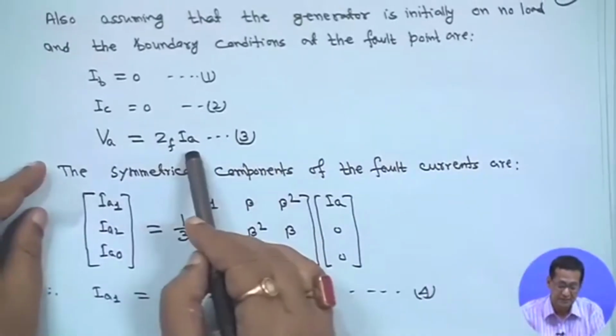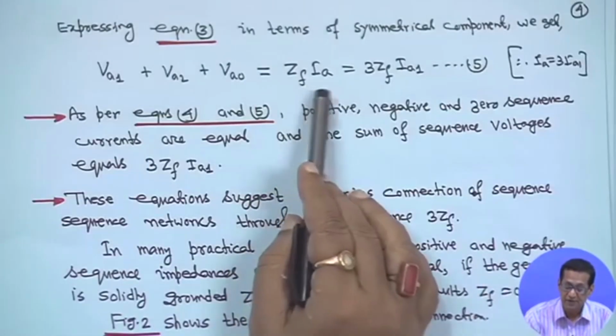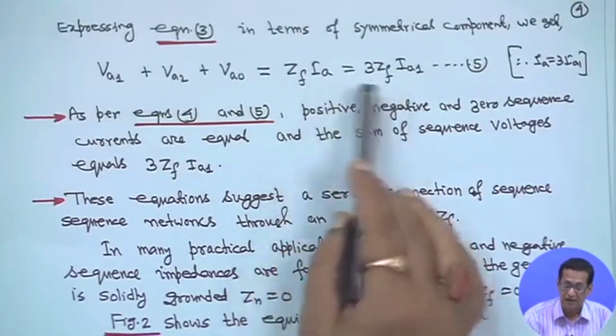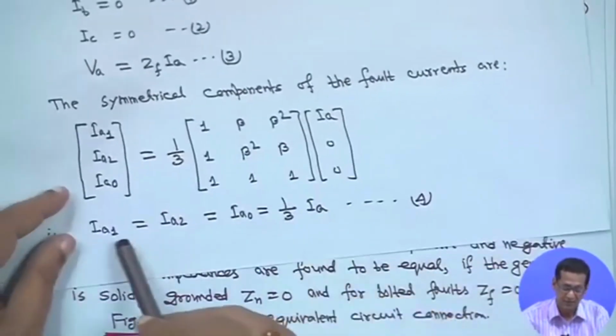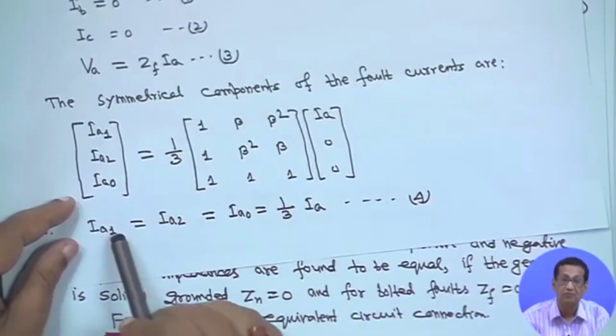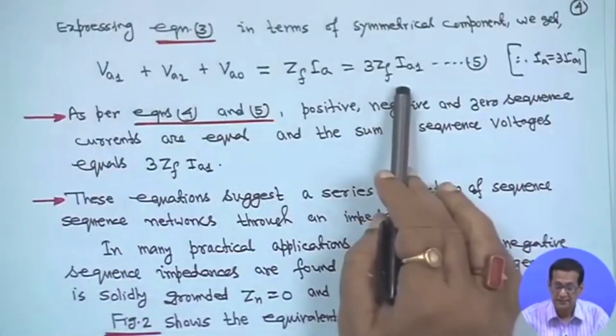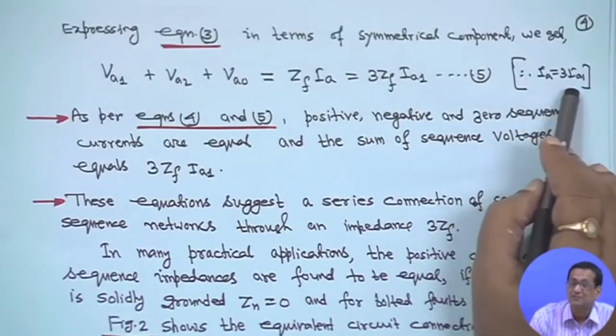VA is equal to Zdf into IA, but IA is equal to 3 IA1, because we know IA1 is equal to IA2 is equal to IA0 is equal to 1/3 IA. So, IA is equal to 3 into IA1, and here we are putting 3 Zdf IA1, where in bracket I am writing IA is equal to 3 IA1.